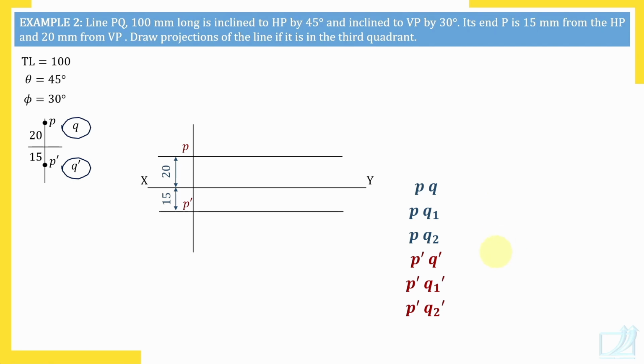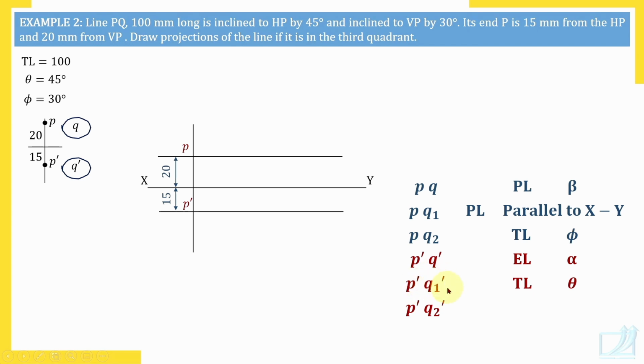And what are the lengths and angles made by these views with XY line? You know it. PQ has length PL, inclination beta. PQ1 has length PL but it is horizontal, and top view with suffix 2 is true length and it has true inclination. And since top view gives inclination with VP, we have used notation phi here. P dash Q dash is front view of the line PQ. It has length EL, angle alpha, front view length, front view angle. P dash Q1 dash is true length and true inclination, because dash means a front view.